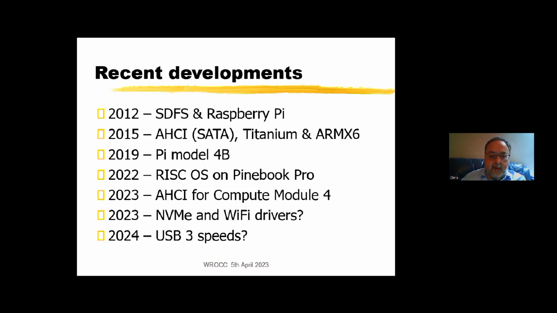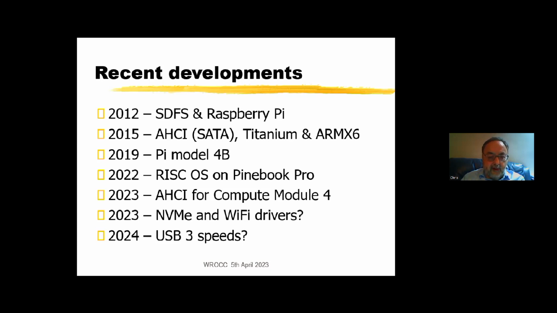This year, there's been a driver written for the Compute Module 4, taking advantage of the PCI Express slot that's theoretically available on the Pi 4, but is used for USB 3. The Compute Module 4 brings it out into a proper socket. And we now have SATA available for that, which I'll be talking about.